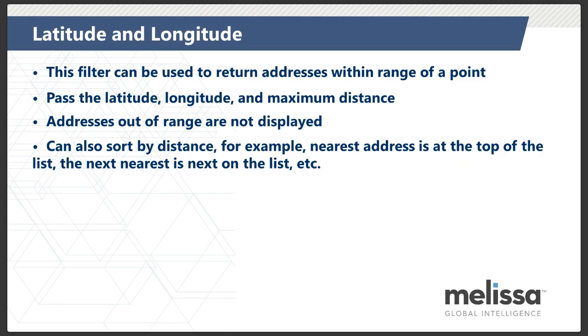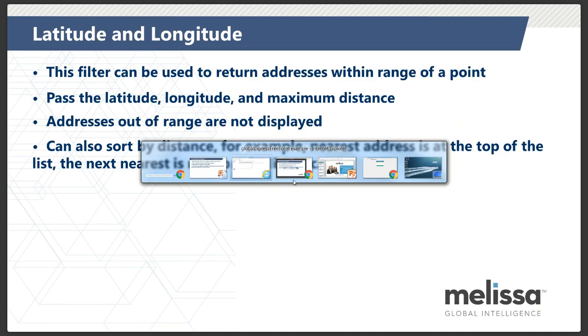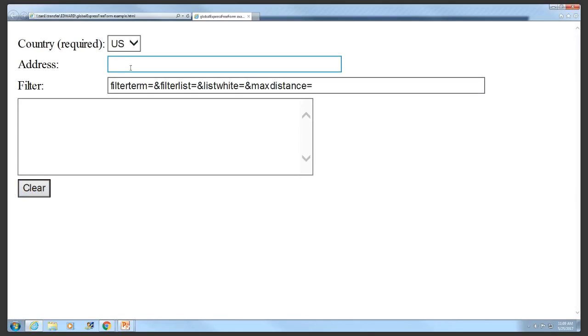So let's see a demo of the latitude and longitude filter. So I'll set our filter term to lat long. Now in the filter list, we'll put the latitude and longitude that we want to be the central point in our circle.